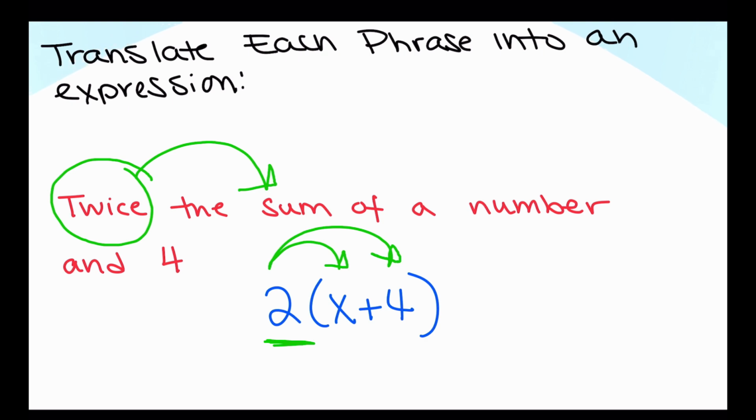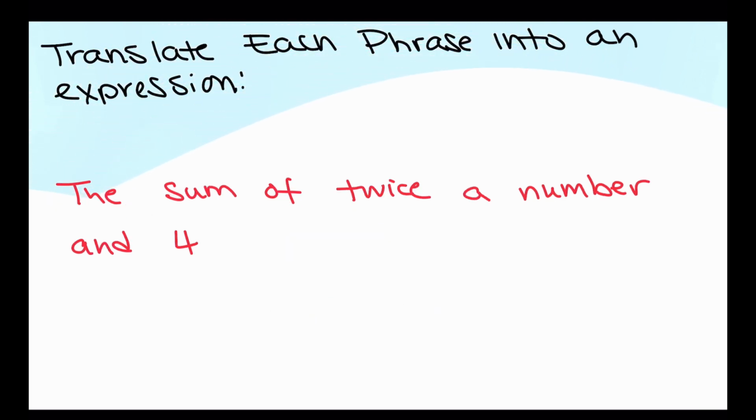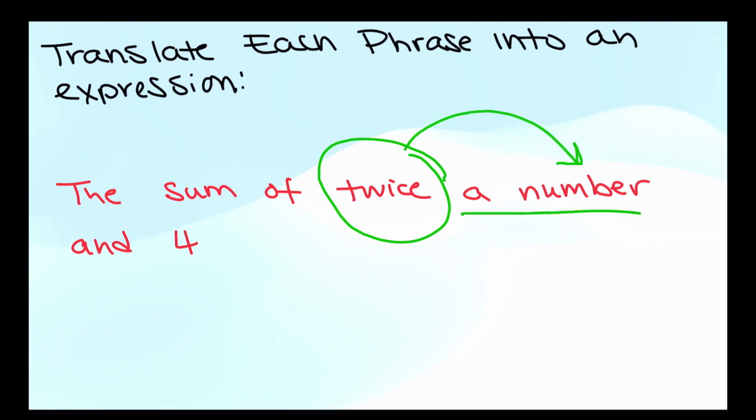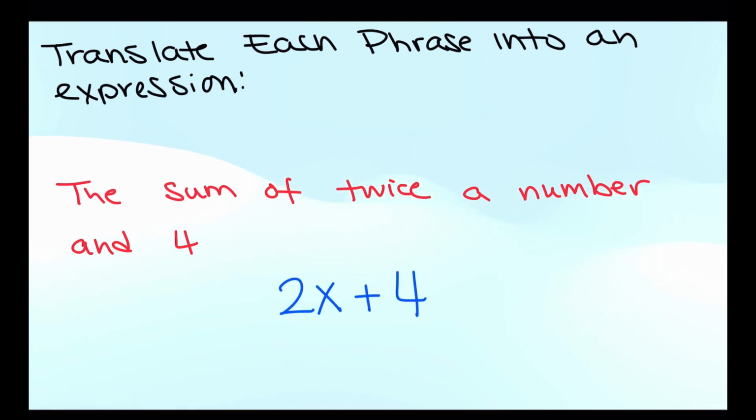Now let's compare it to a problem that's similar. The sum of twice a number and 4. So now this word twice, which means times 2, applies to our unknown number, or x. So now we're taking the 2 and just multiplying it by x. And then we're going to take the sum of 2x, twice a number, and 4.